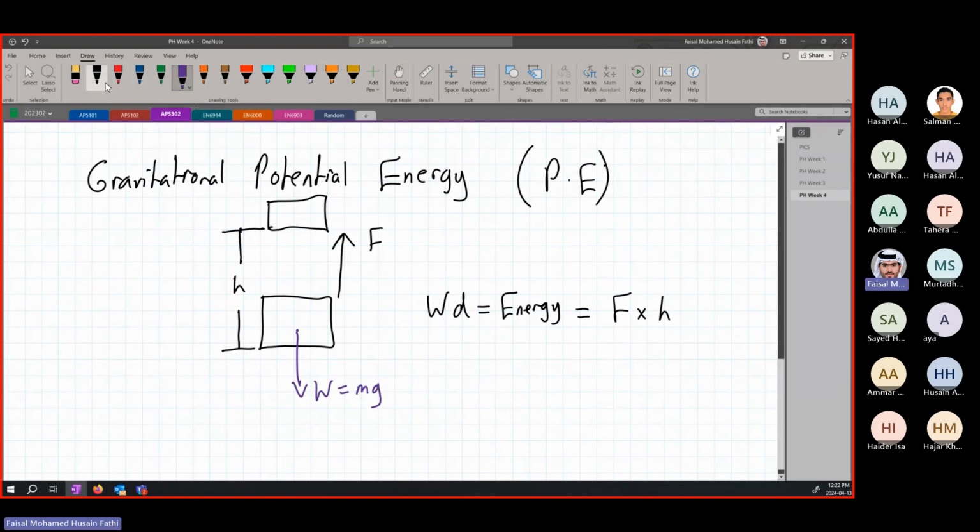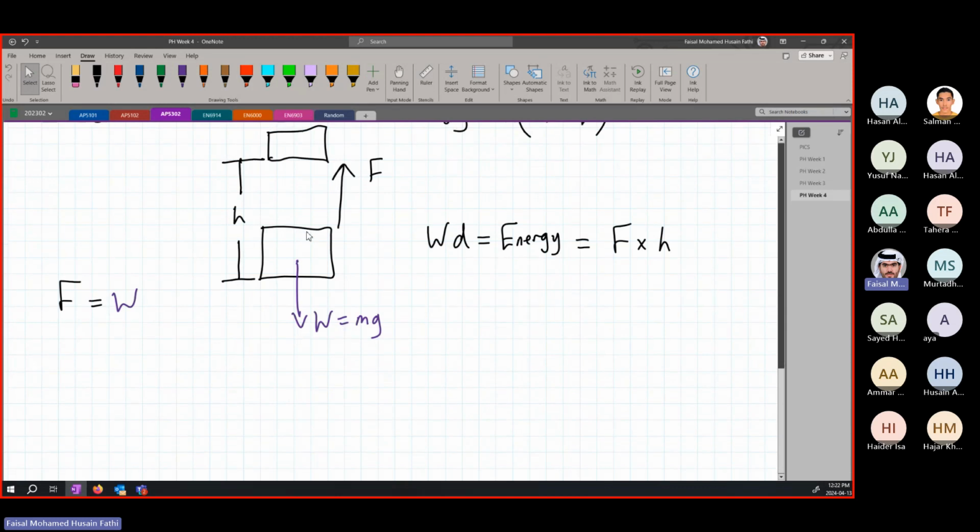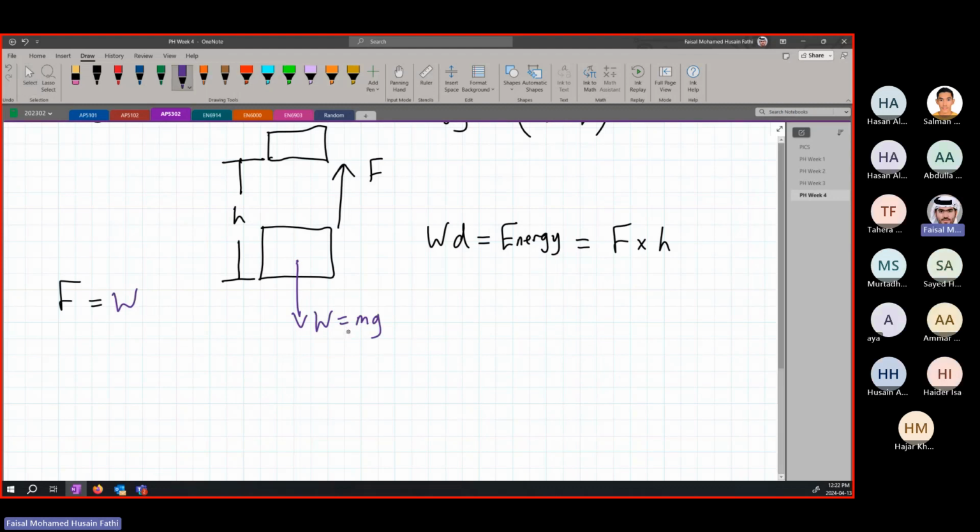And we know that the force F to lift this has to be equal to W. Right? Because to move this upwards we have to overcome its weight. If the object is heavy we can't lift it. If it is light we can lift it. So if it's heavy it's difficult to move up, but if it's light enough we will be able to apply enough force to lift this object.